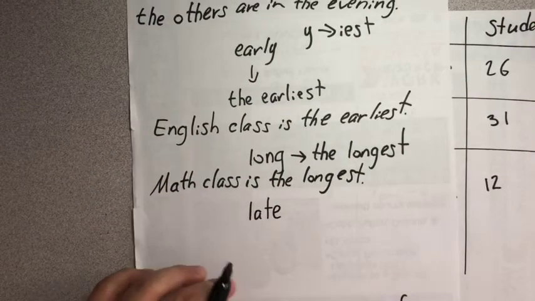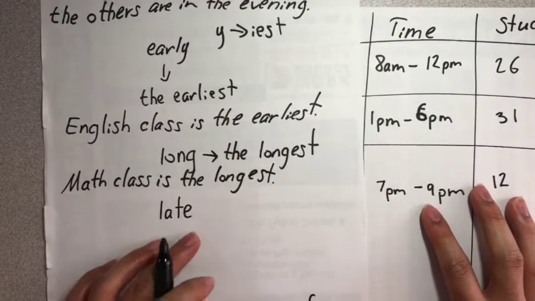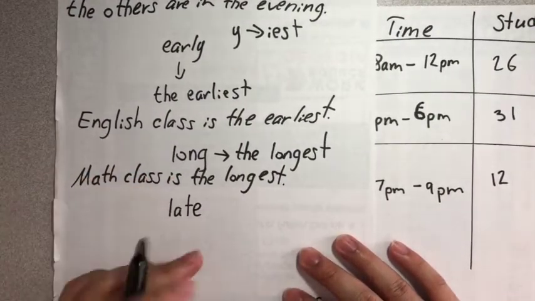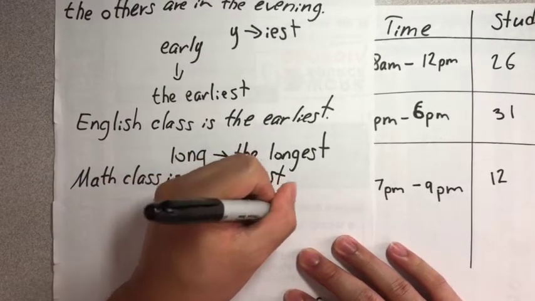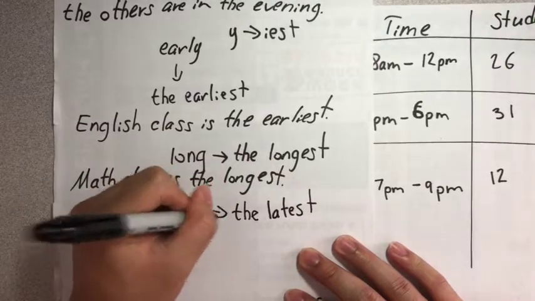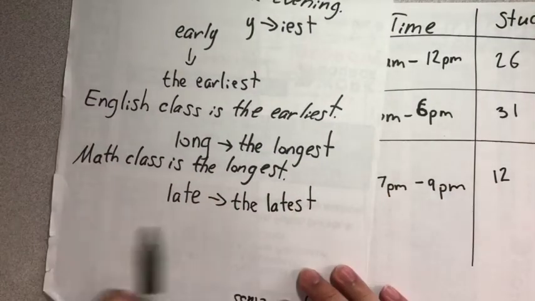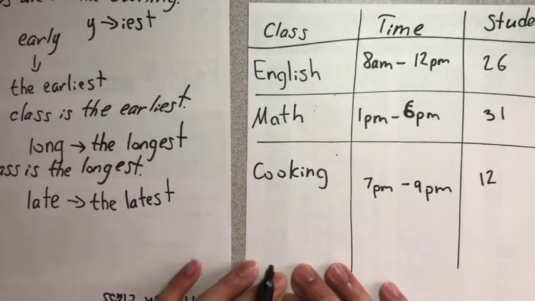Late. So which class is late in the day? When we compare three things, we write the latest, because late has one syllable. So we say the latest. Which class is the latest?